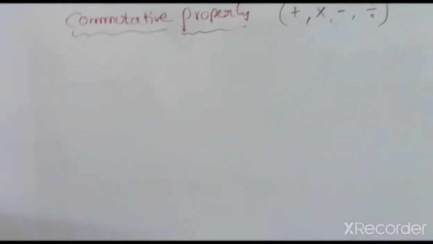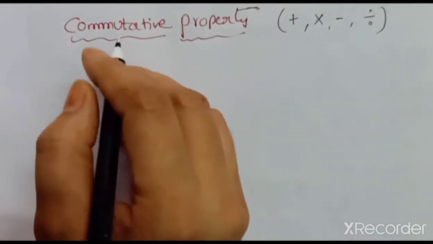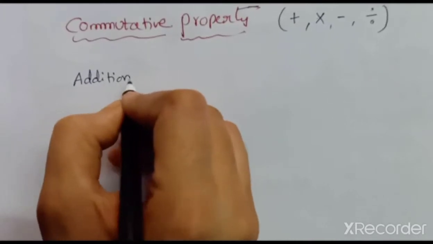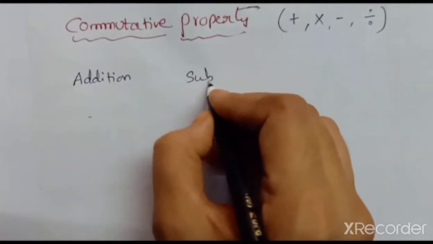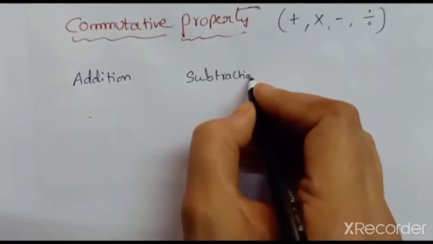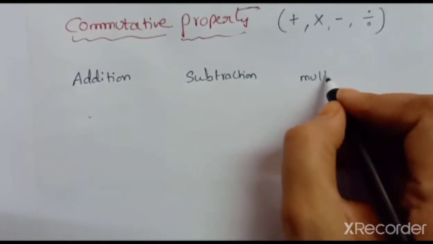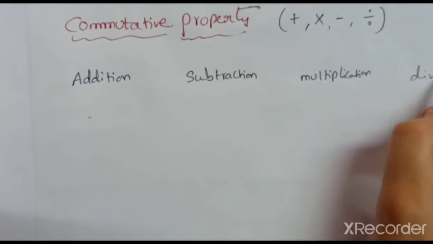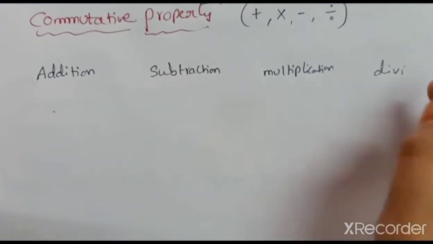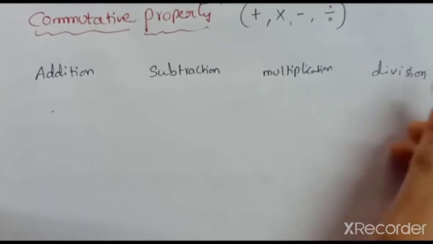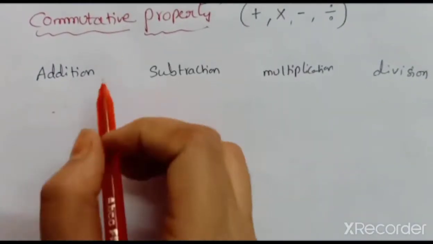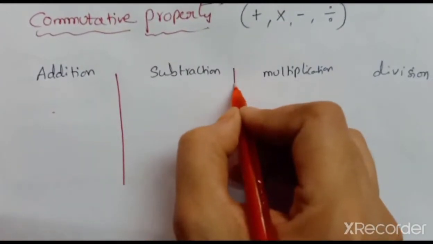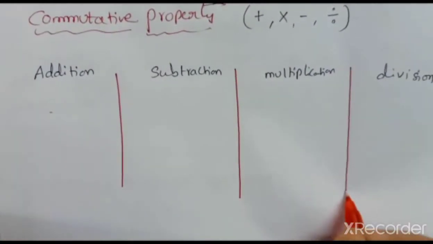Here, for addition, subtraction, multiplication and division. If you see this once, then it is very easy for you to understand what exactly the commutative property is.